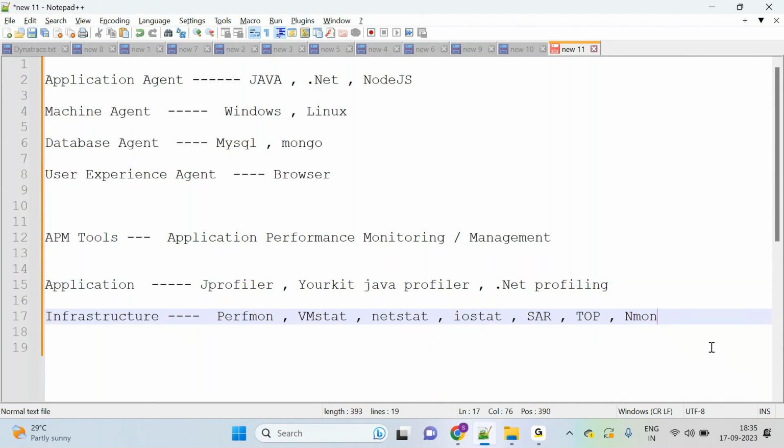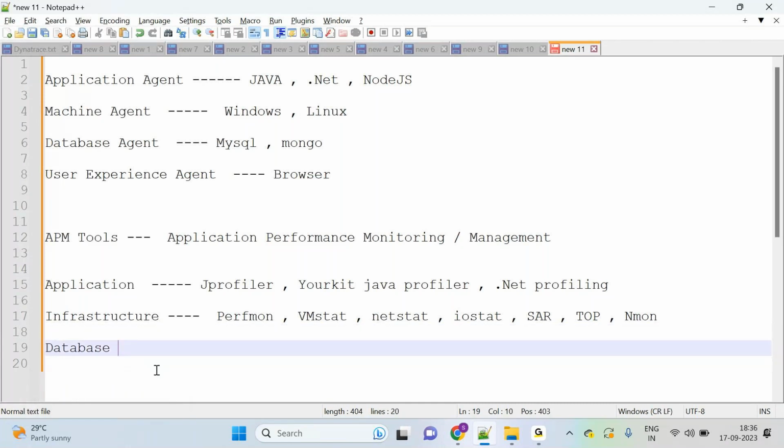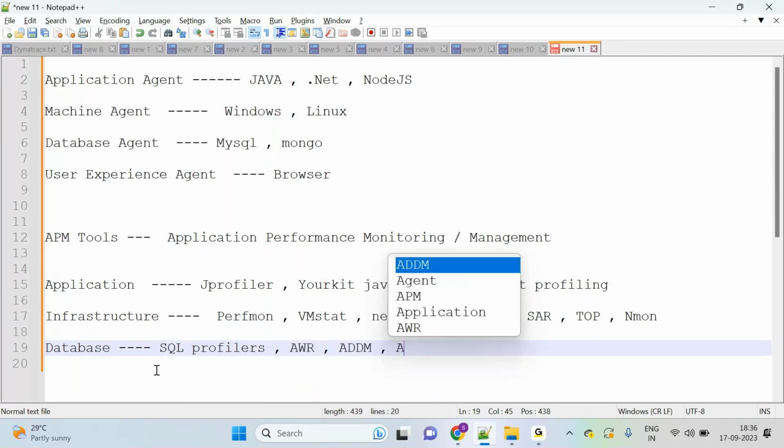Like that, we used different utilities or tools for monitoring the infrastructure level data. And for database, we used tools like SQL profilers, or AWR report, ADDM reports, or ASH report.